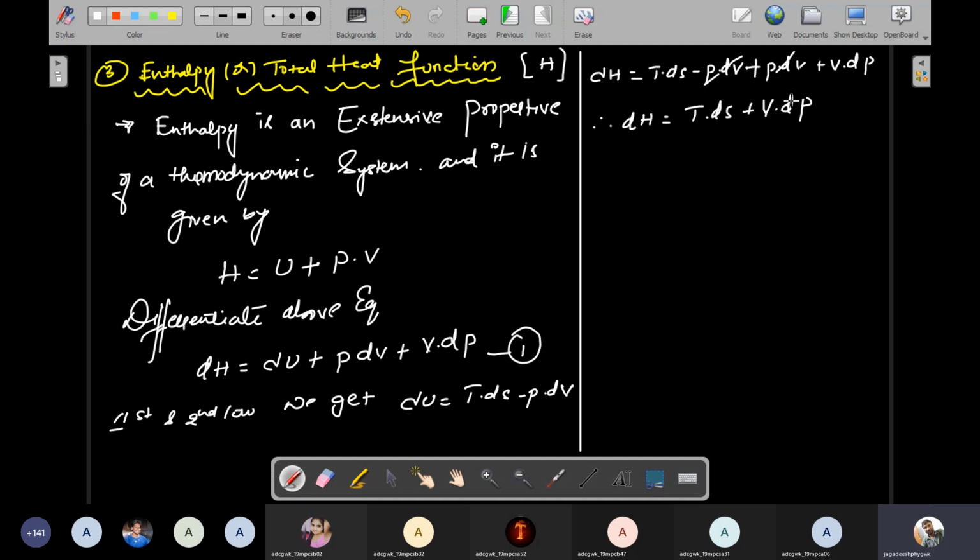So finally we get dH = T·dS + V·dP. Now take the partial derivatives of the above equation.